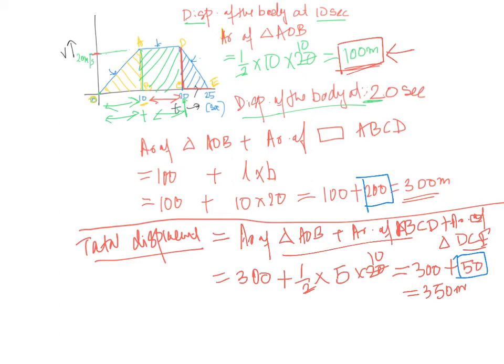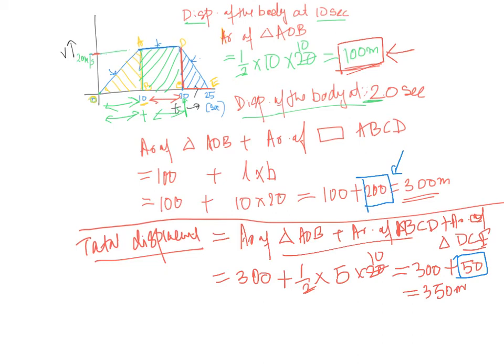So the maximum distance they have traveled is in the middle 10 seconds. Why in this time? Because here the velocity was maximum. Once the velocity is more, I will move more distance.